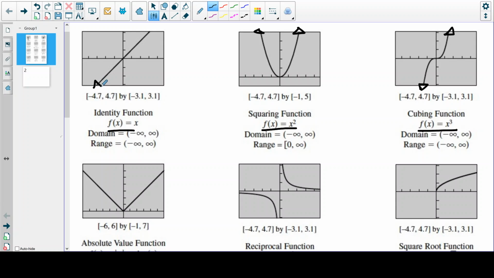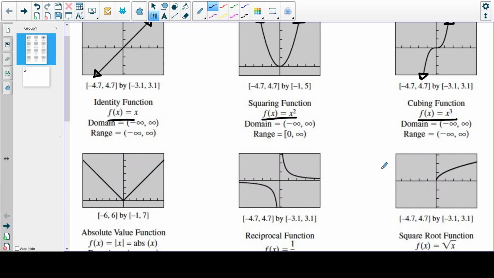A line is similar to a cubic in that to the left it goes to negative infinity, and to the right it goes to positive infinity. That's something to remember to take a look at. And similar to the line, it has a domain of negative infinity to positive infinity, and a range of negative infinity to positive infinity.